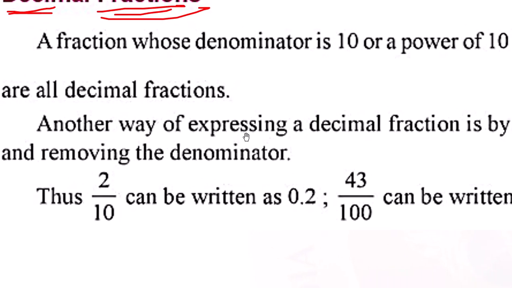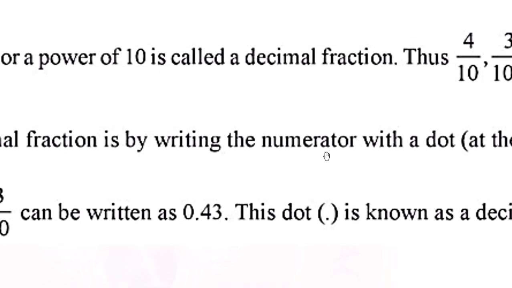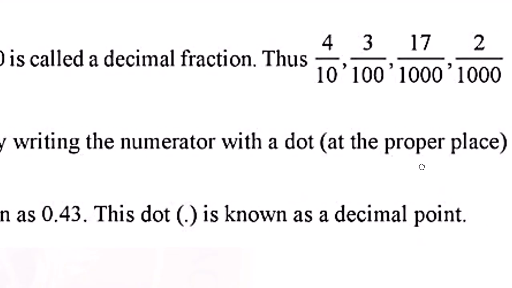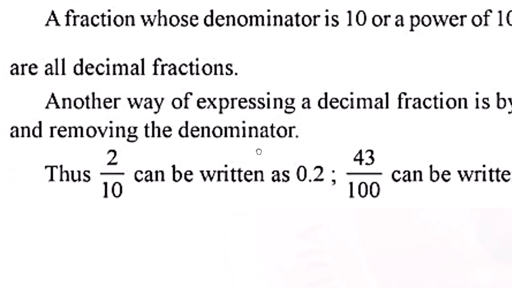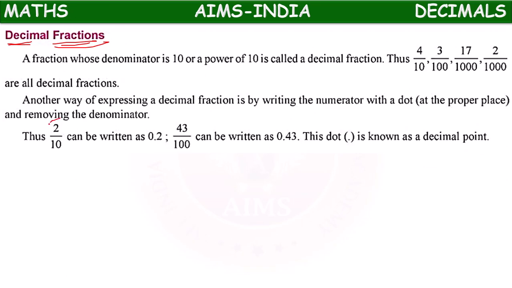Another way of expressing a decimal fraction is by writing the numerator with a dot at the proper place and removing the denominator. Suppose we have 2 by 10. 2 by 10 is a decimal fraction because in the denominator we have 10.